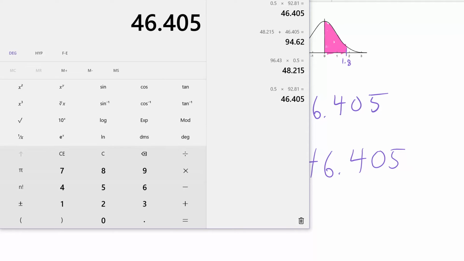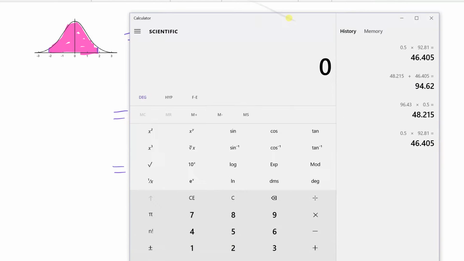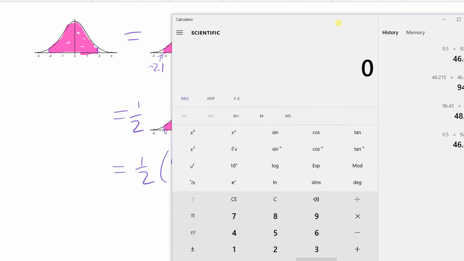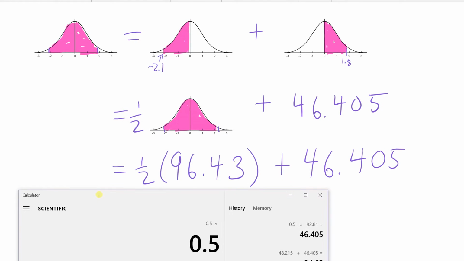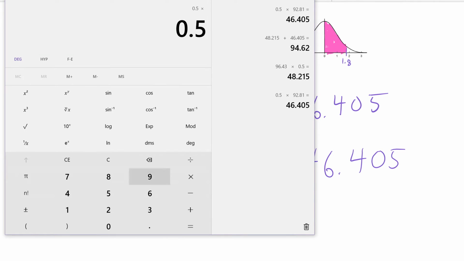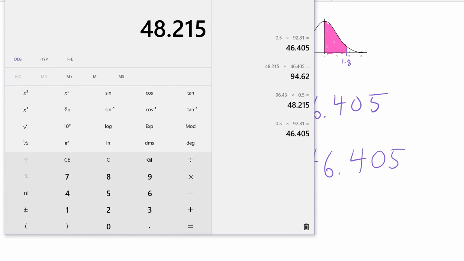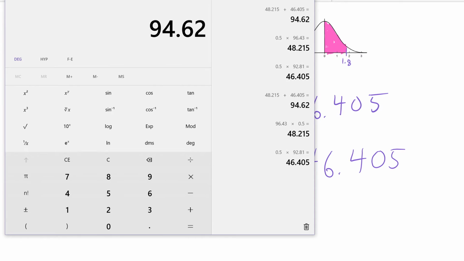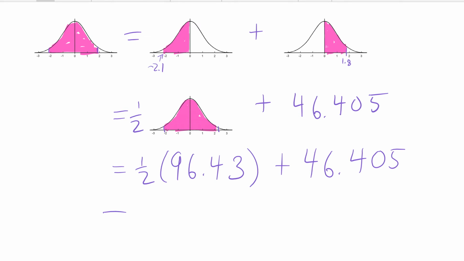Use a calculator here. We got 0.5 times 96.43 equals 48.251 plus 46.405 equals 94.62.